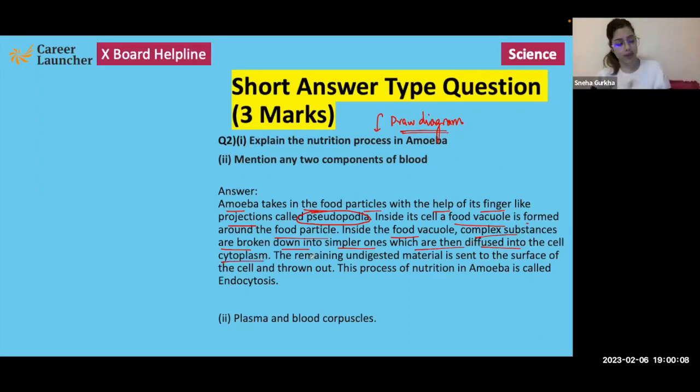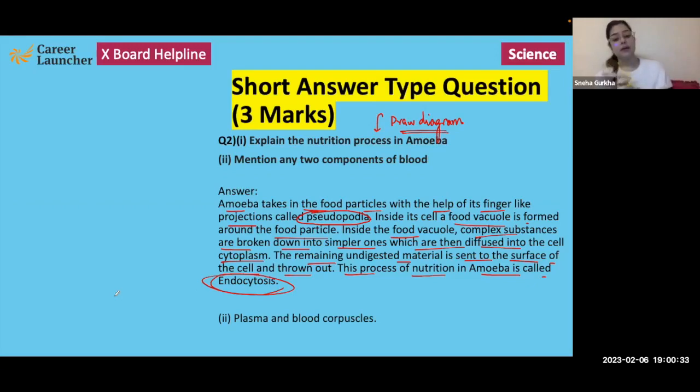The remaining undigested material is sent to the surface of the cell and thrown out. This process of nutrition in amoeba is called endocytosis, right? So probably with the help of an entire diagram, you can complement this answer if you have time remaining in your hands.